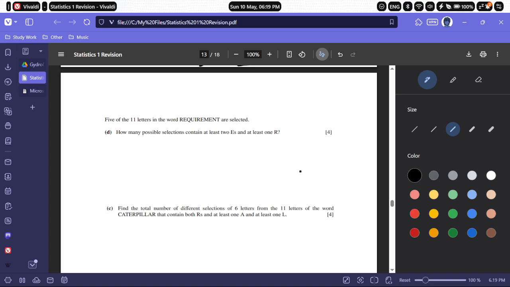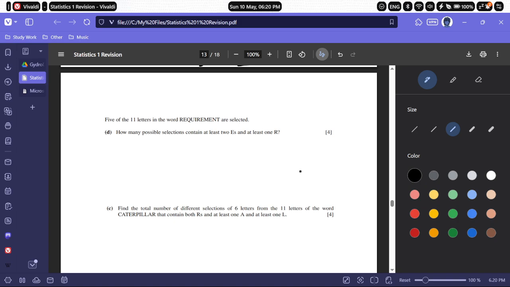Okay. So now these are some common types of questions which are annoying, but if you understand how they work, they'll be free marks for you. So 5 of the 11 letters in the word requirement are selected. Now how many possible selections contain at least two E's and at least one R?